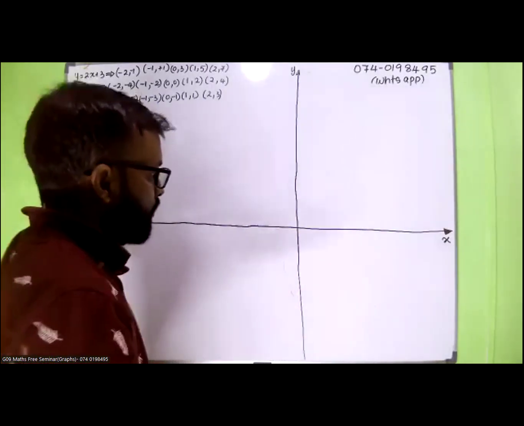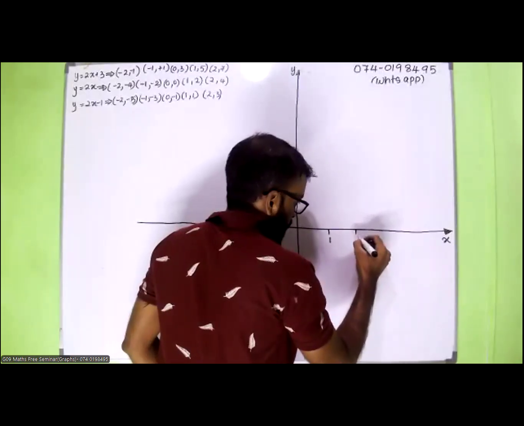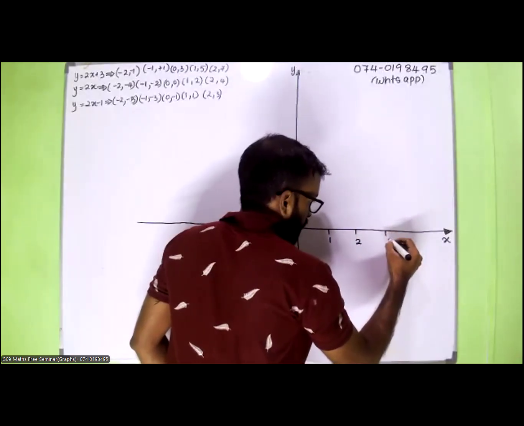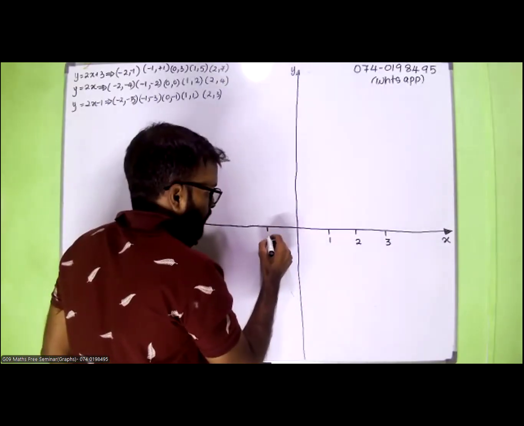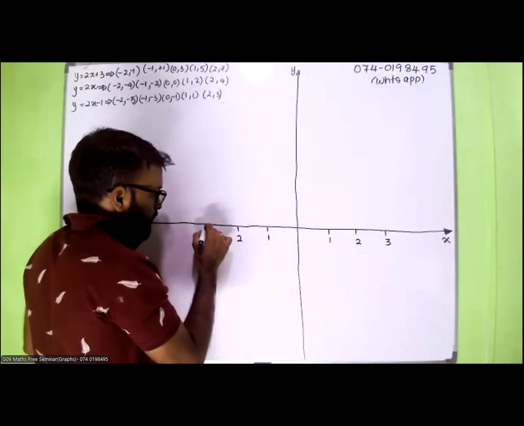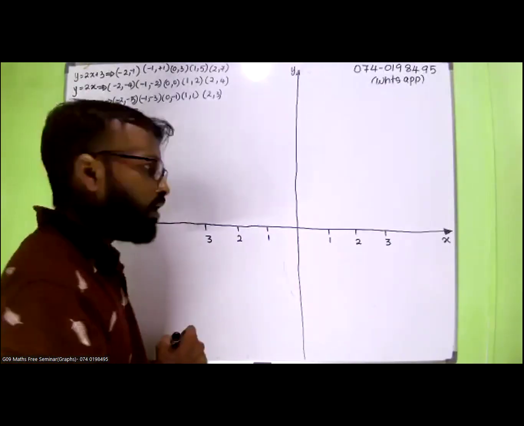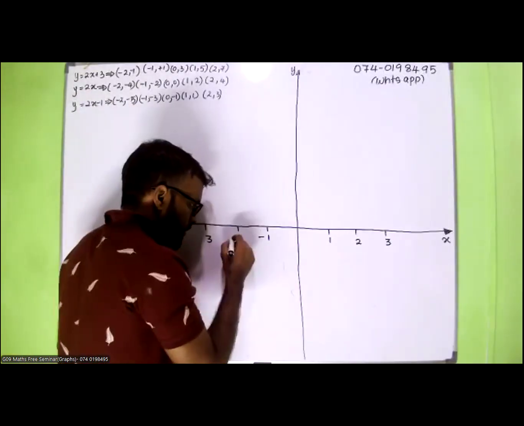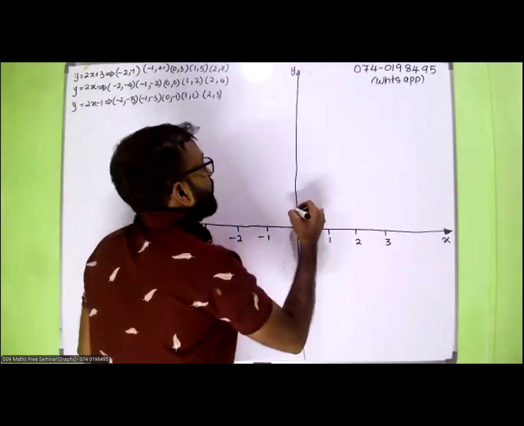Here I will mark 1, 2, up to +3 on the positive side of the x-axis, and -1, -2, -3 on the negative side. It would be better if you can use graph paper, sir.